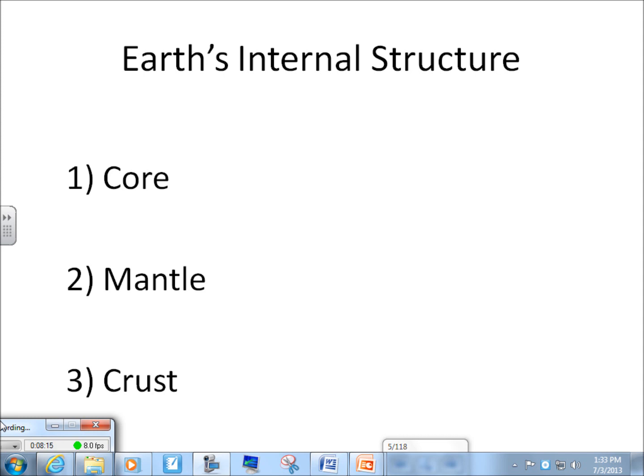So as a result, we had a crust, sort of a scab that formed over the outer shell of the Earth. And then as you go deeper, you enter the area of greatest volume, which is known as the mantle. And then finally, getting deeper and deeper, we find the Earth's core.